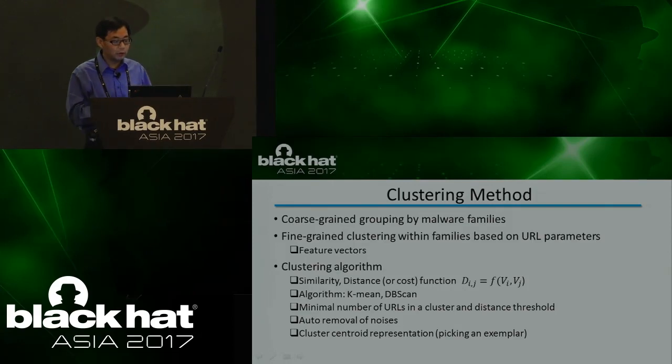For the clustering algorithm, first we want to define a distance function, or cost function, which has some meaning. We look at parameter changes, so we want a distance function that tells how many bits have been changed. There are several, like the city block method and Hamming distance, to do this calculation.